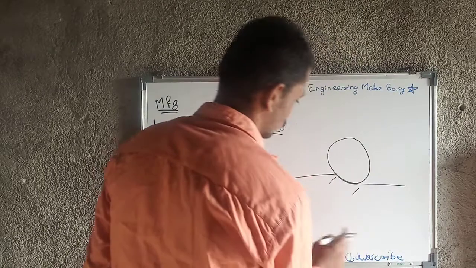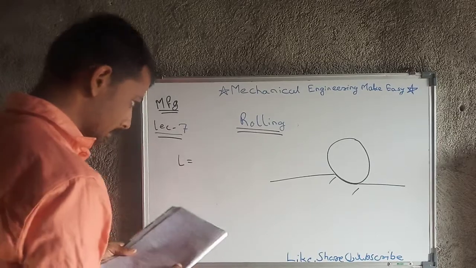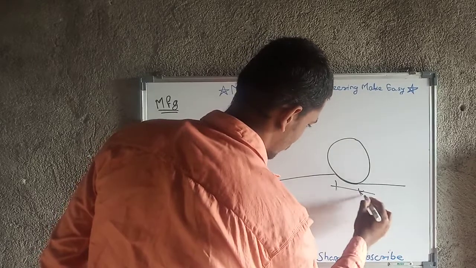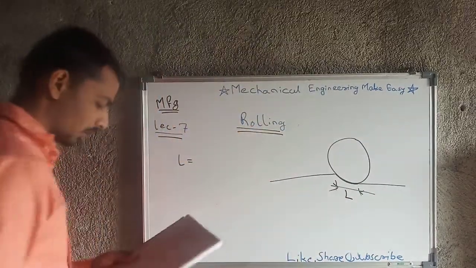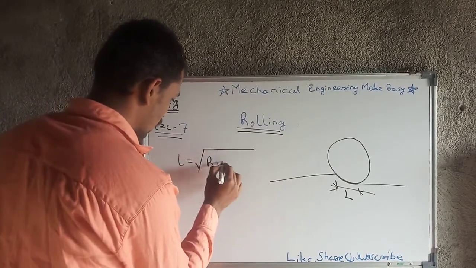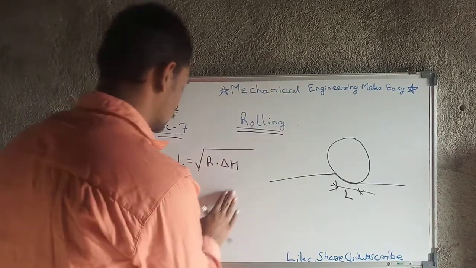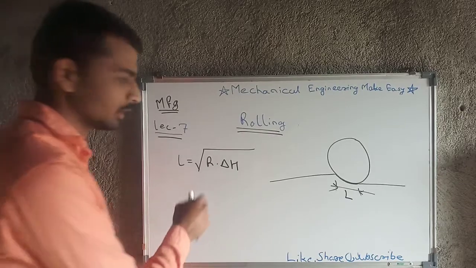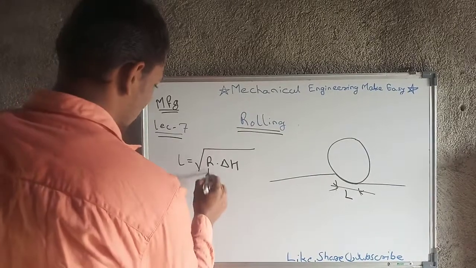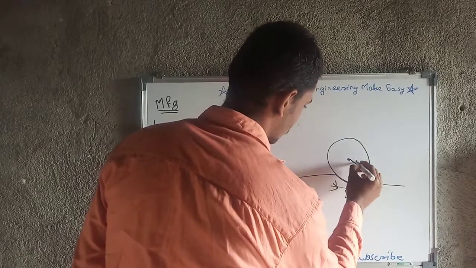So L equal to, this is not a circular path, that will be a horizontal path, L, which is equal to under root of R delta H, or in place of delta H you can put delta T. This is the formula for the length of deformation zone. And what is R? This is the radius of the roller. This is the center and this is R.